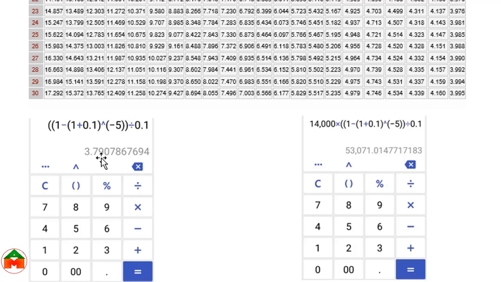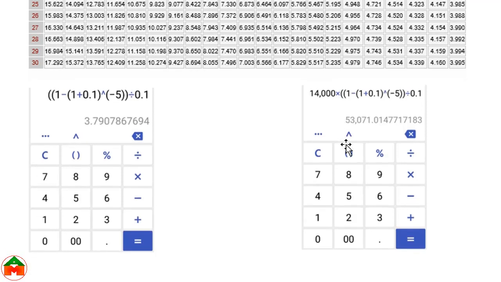By this way we can get the present value interest factor, PVIF for annuity. And if we calculate the whole amount in a single typing, then we can write the 14,000 in the first place, then multiply by this formula: first bracket 1 minus 1 plus 0.1 to the power minus 5, first bracket divided by 0.1. So this is the ultimate total result.